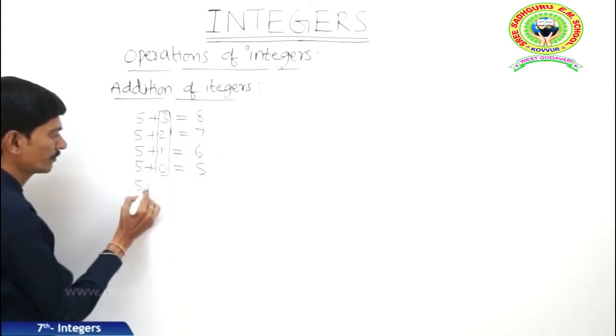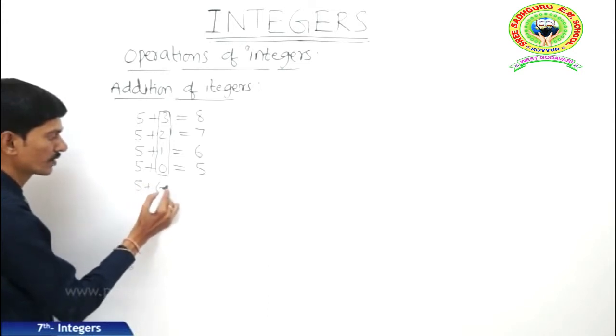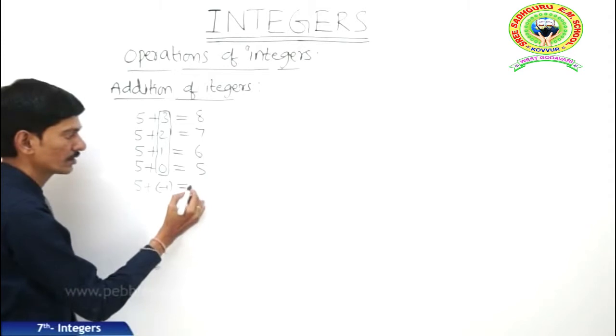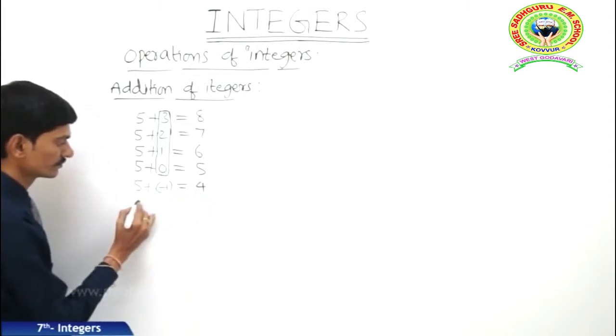Now 5 plus, again when you decrease 0 by 1, then we get minus 1. So this equals, when you decrease 5 by 1, the result will go down to 4.